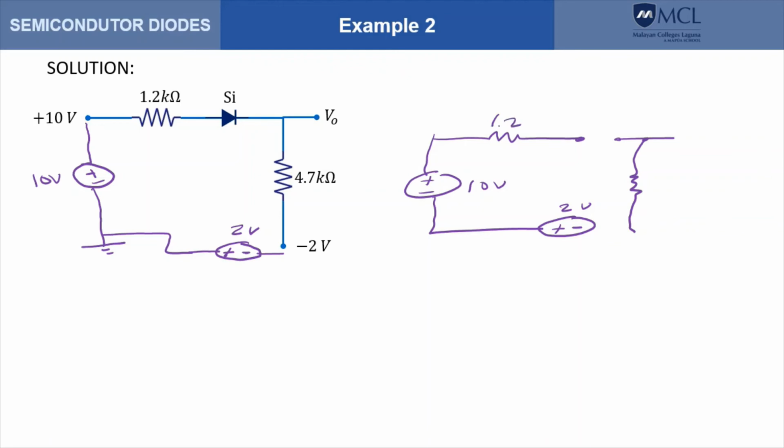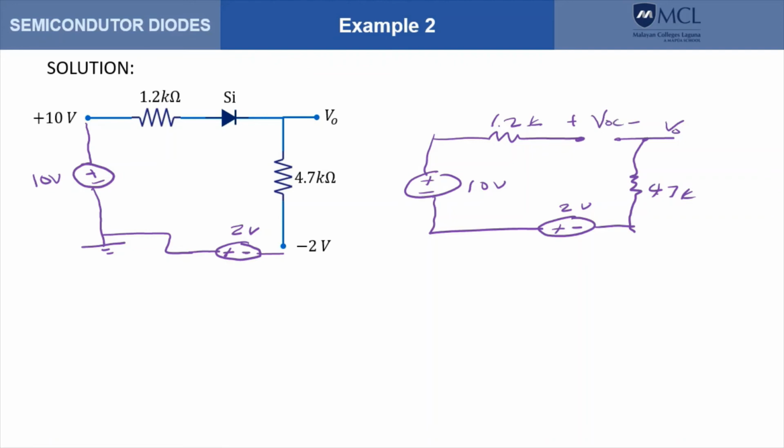This is 1.2K, this is 4.7K, and this is V naught. This is the plus, the minus, this is our VOC.